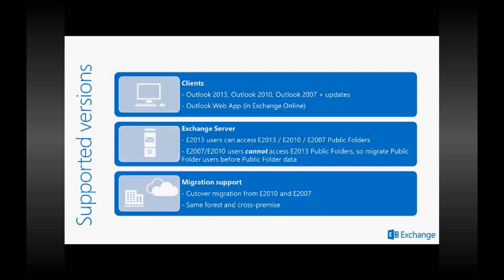As we've already mentioned, from a server standpoint, if your user is on 2013, they can access the 2013 public folders, 2010 and 2007 public folders. If you're running a legacy mailbox, so 2007 or 2010, then you cannot access the 2013 public folders until you've been migrated. So when you are thinking of migrating from 2007, 2010 over to 2013, public folders would be the last thing you'd bring across.